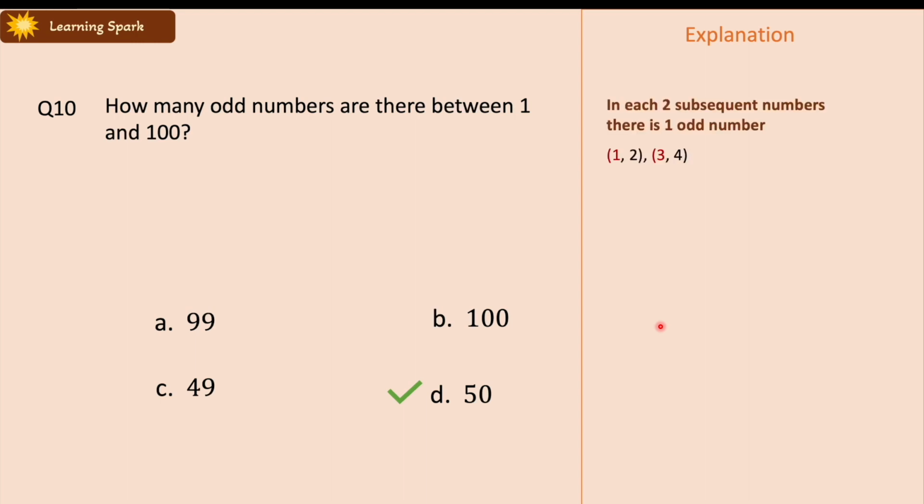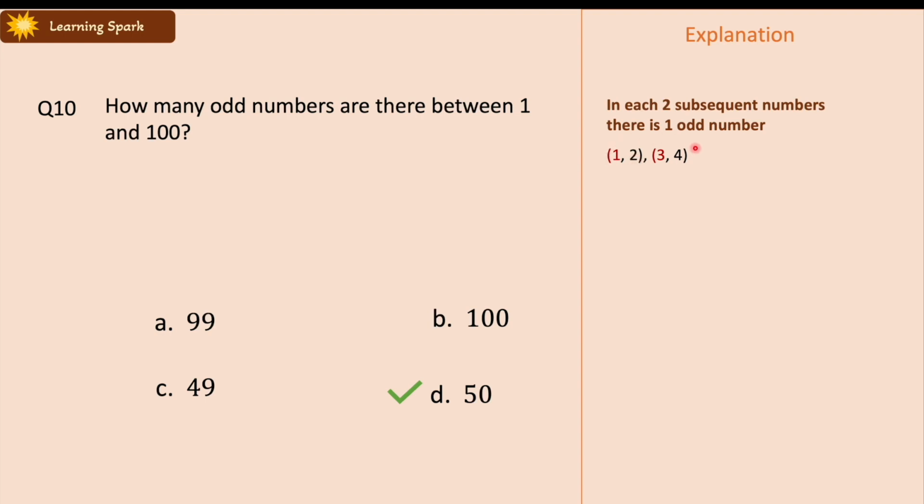In each two subsequent numbers, that is, if you take two numbers one after the other, one of the numbers will be an odd number, the other will be an even number. If you take 1, 2, 1 is an odd number, 2 is an even number. If you take 3, 4, then 3 is odd, 4 is even. So in each of the two numbers, one is odd, one is even.